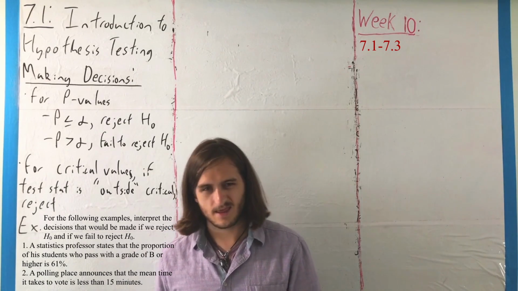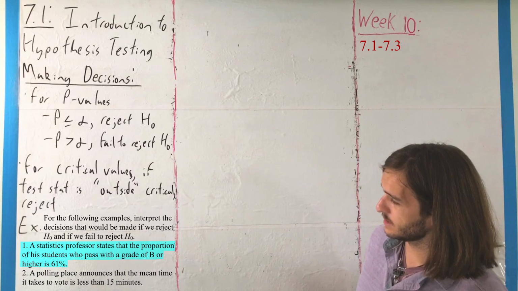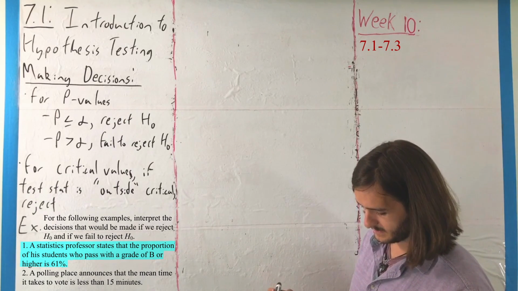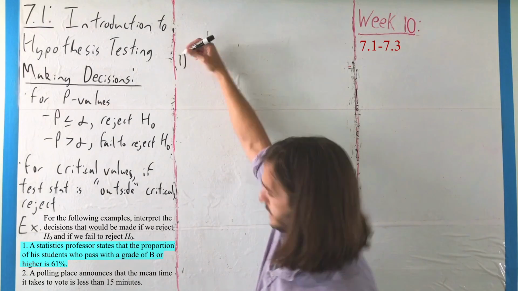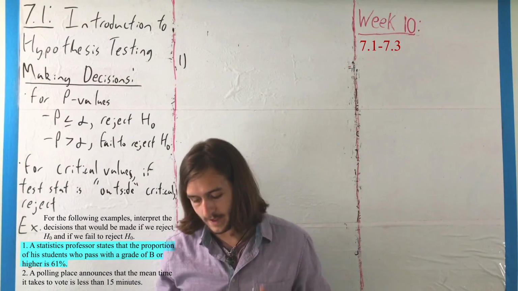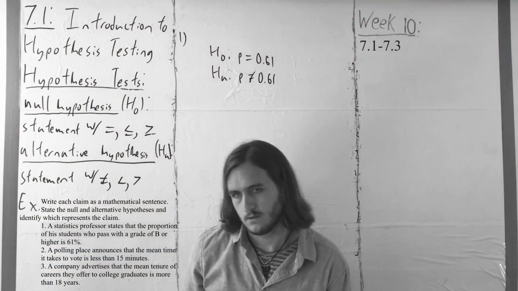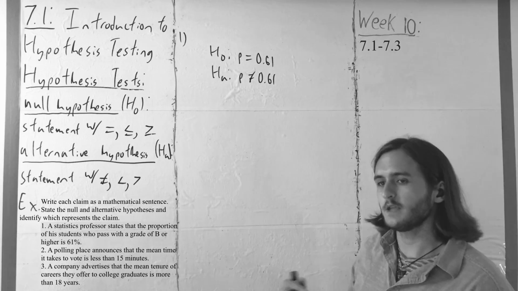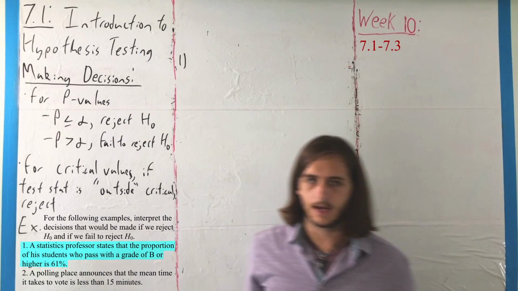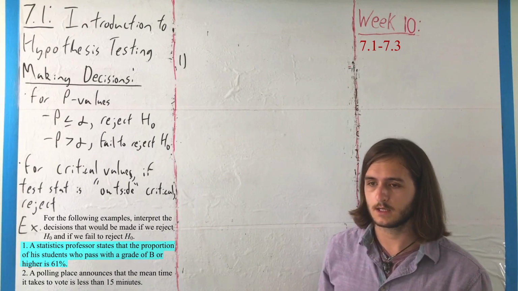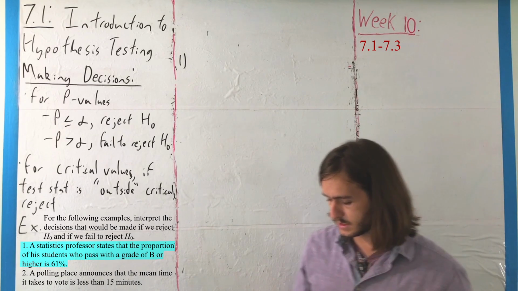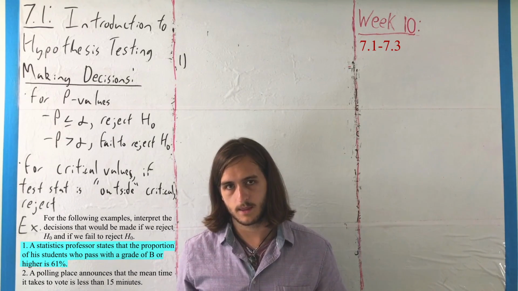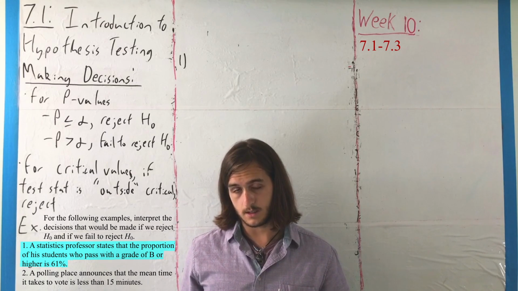And in that first case, when we're talking about the stats professor, what we should pay attention to is, again, what that claim is. We talked about this example before in an earlier one, but the claim is that the proportion who pass with a B or higher is 61%. The claim is the null hypothesis because the claim is something with an equality in it.